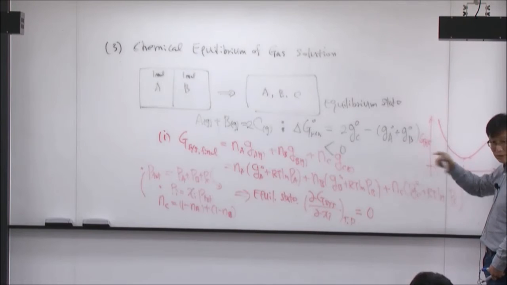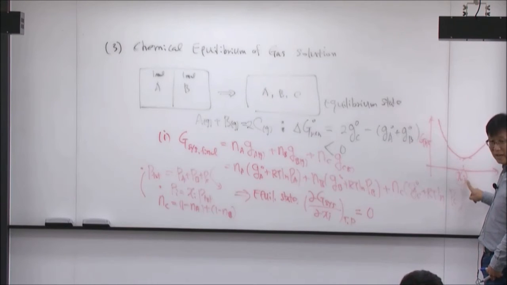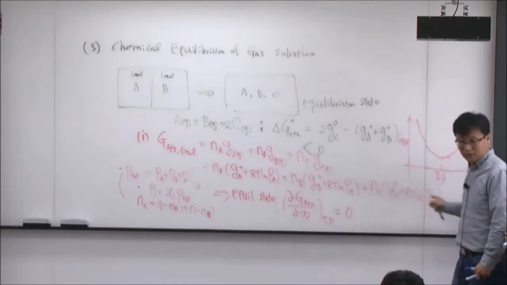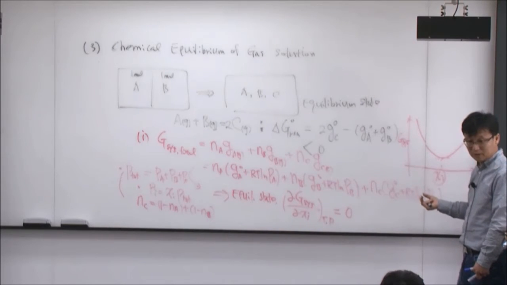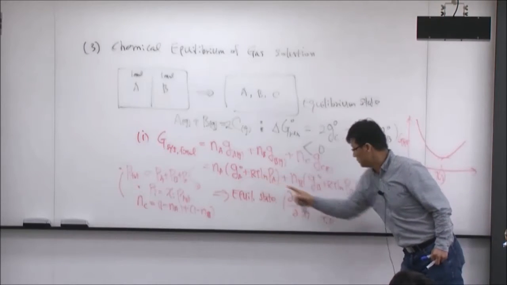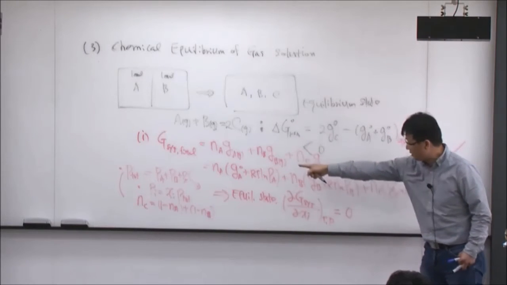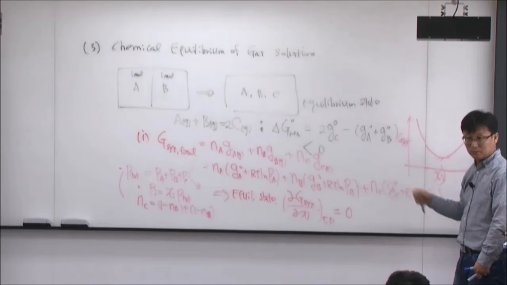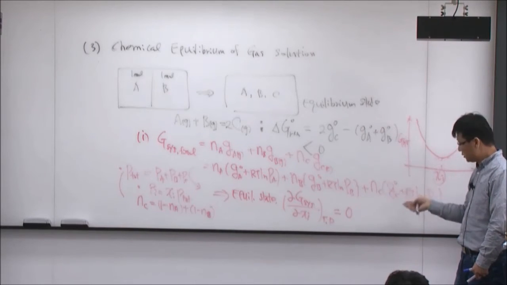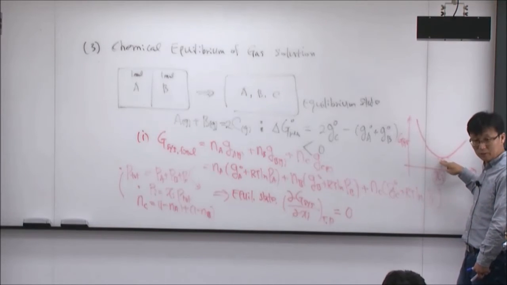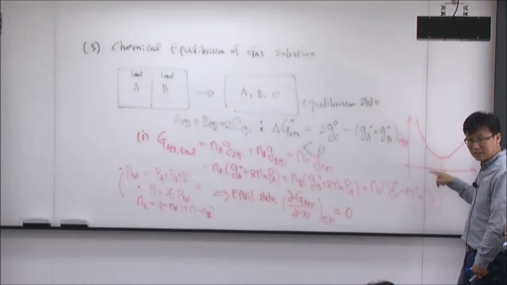In this case, we can use XA as the variable and express PA, PB, and PC as functions of XA. If you put in the pure A Gibbs energy, B Gibbs energy, and C Gibbs energy, because we know delta G naught, we can make a relationship between the pure Gibbs energies of A, B, C. Then you take the derivative, and at the minimum, when the derivative becomes 0, what is XA?